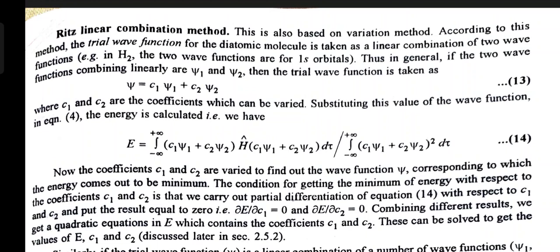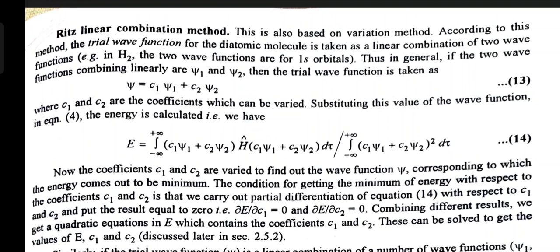Substituting this value of the wave function in equation number 4, the energy is calculated. That is, we have E equals the integral from minus infinity to plus infinity of (c1 psi1 plus c2 psi2) H cap (c1 psi1 plus c2 psi2) d tau, divided by the integral from minus infinity to plus infinity of (c1 psi1 plus c2 psi2) square d tau.